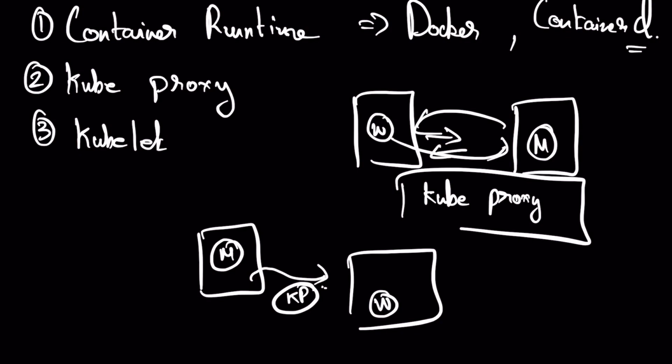So who receives this request in the worker node? It is the kubelet. So kubelet receives the request from the master node, and kubelet is the one who places the container in the worker node.